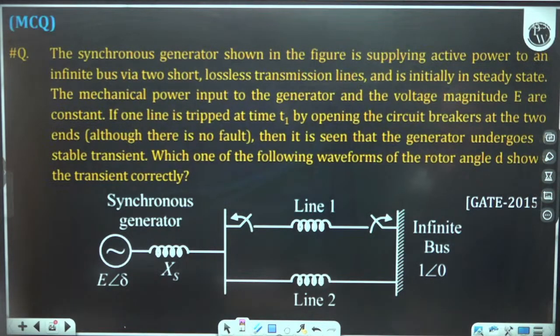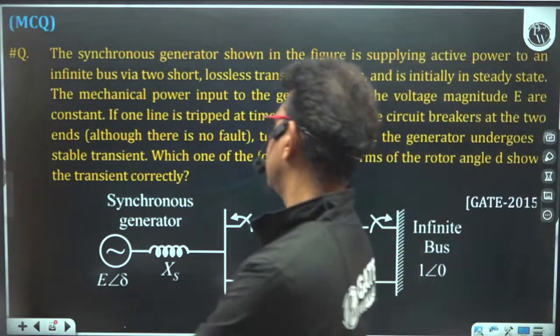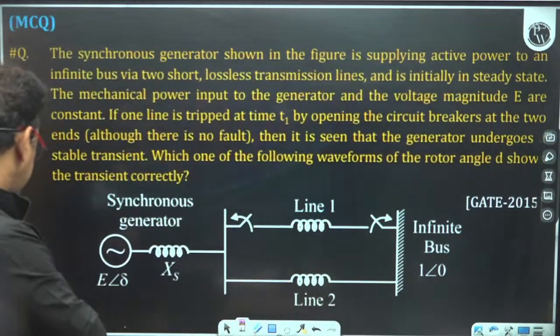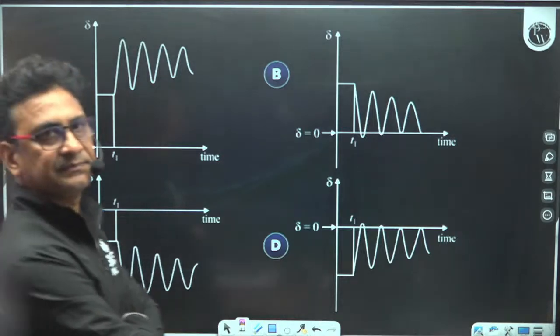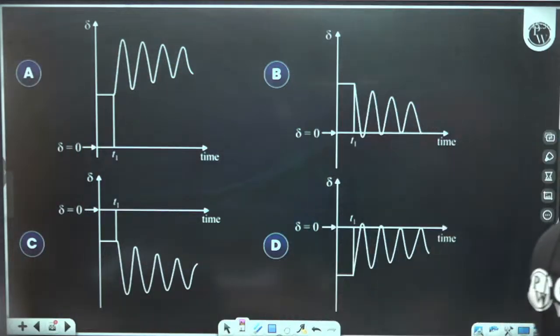Which one of the following waveforms of the rotor angle shows the transient correctly? A, B, C or D?